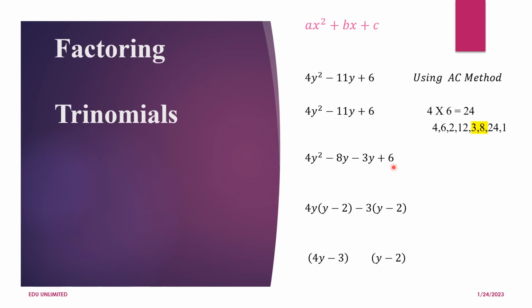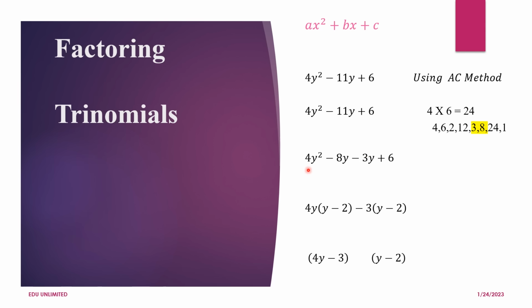But why did we write it like this? We wrote it like this because it is easier to factorize, because 4 is a factor of 4 and 4 is a factor of 8. 3 right here is a factor of 3 and 3 is a factor of 6. And so we divide.